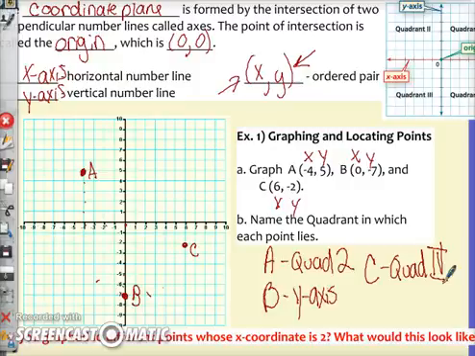I have down here a question. It says if you graph 10 points whose x-coordinate is 2, what would this look like? So let's go ahead and pick a bunch where x is 2. So that might be the ordered pairs 2, 0, 2, 1, 2, 2. Let's graph those.